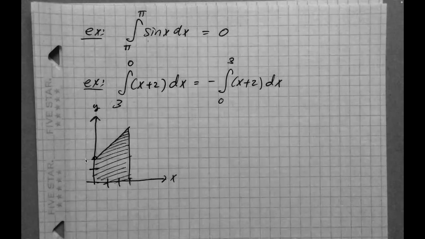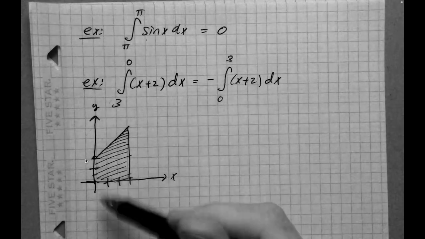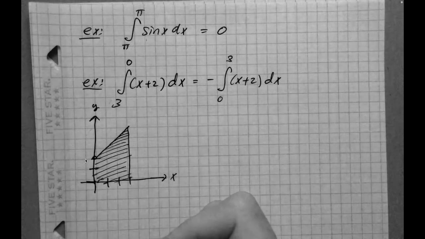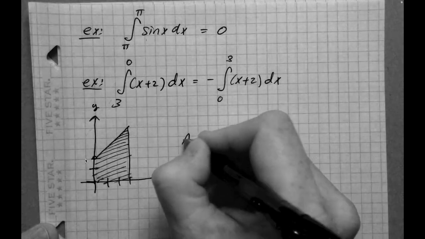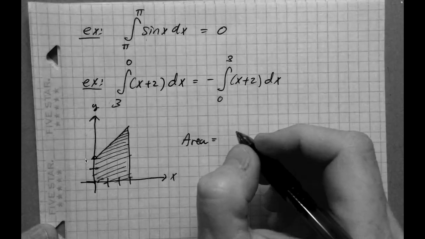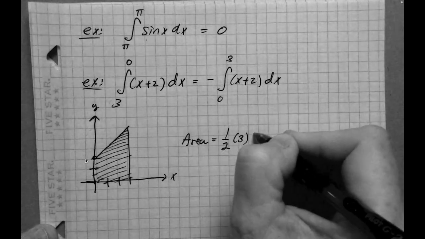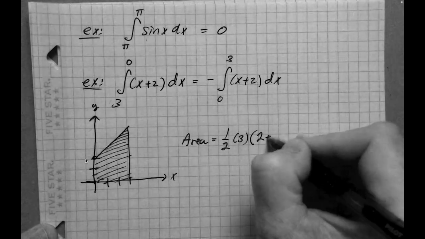Well, let's say we don't know how to integrate, we can figure it out just using the old trapezoid rules, right? So the area here is equal to 1/2 times 3 times 2 plus 5.